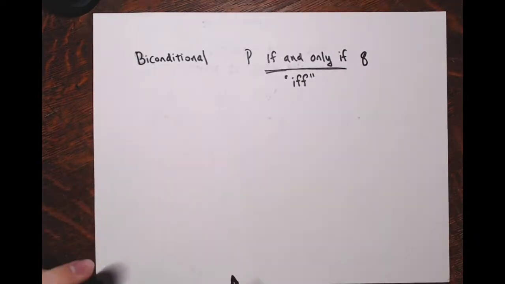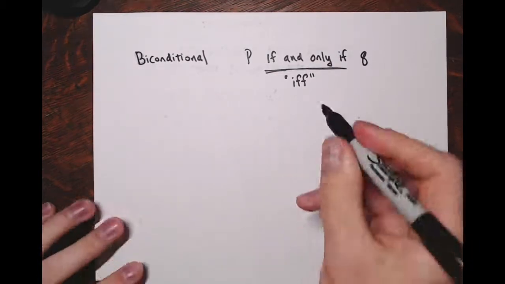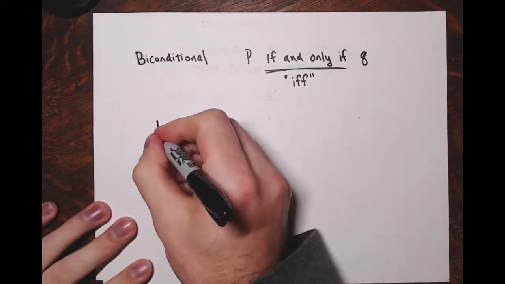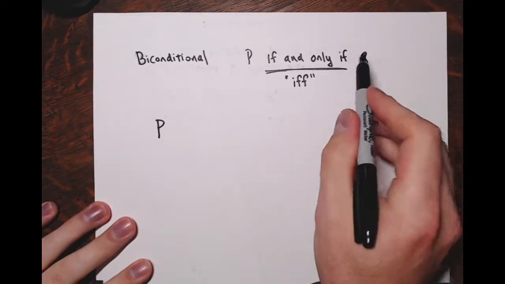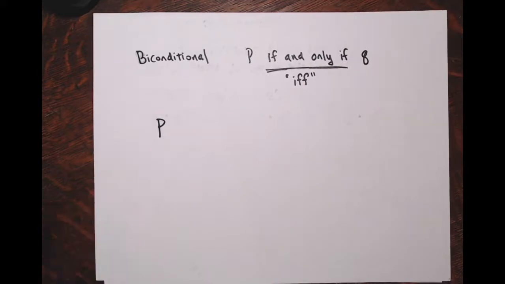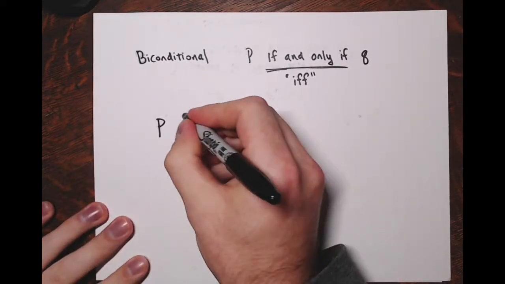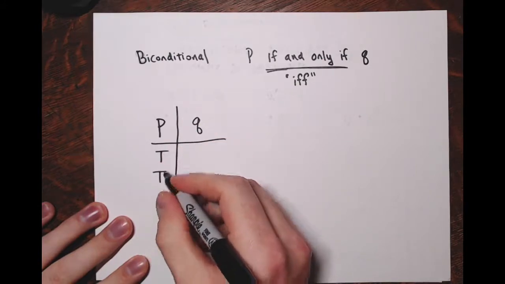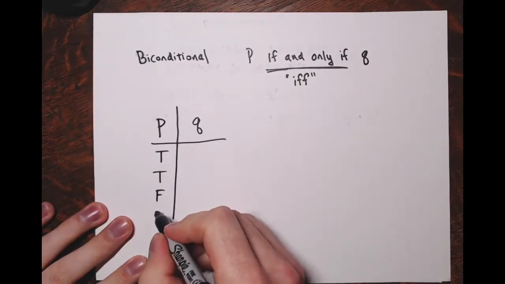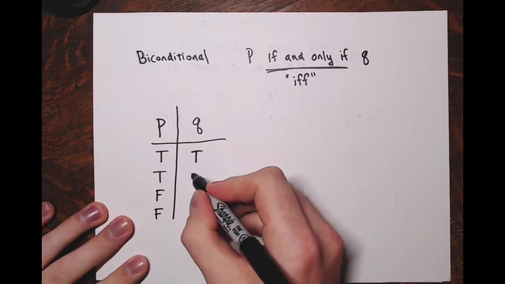You might see IFF in some texts. That means if and only if. So that means you're going in both directions. So if P then Q, and if Q then P, really. So the truth table. You've got the two propositions, so there are going to be 4 rows, and I'll set those up again.